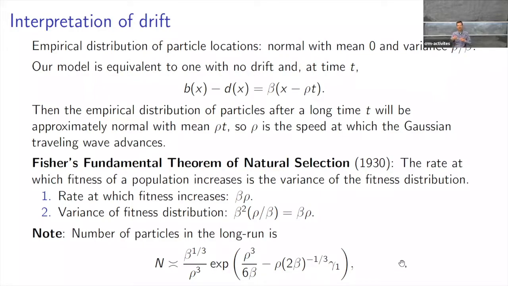And that establishes a relationship among ρ, β, and N. Now, mathematically, it was most convenient to start with ρ and β and then solve for the number of particles N that would be sustained in equilibrium. But one could also start with N and with the parameter β that measures the strength of selection, and then solve for the drift ρ that determines the speed at which the fitness distribution advances over time.